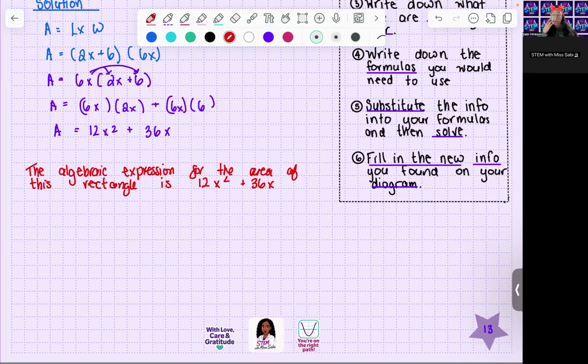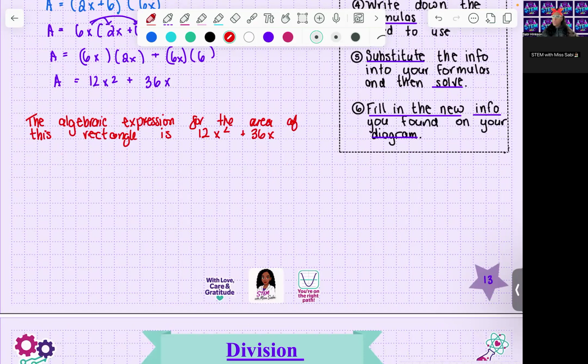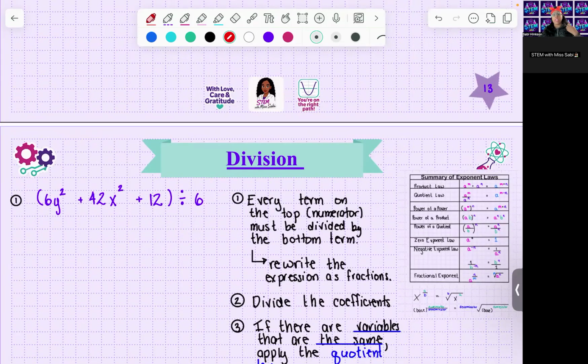In the second video, we covered multiplication involving algebra and went into polynomials. And now we are going to do division. Again, we learn these things after the exponent laws because we have to apply the exponent laws for some of these problems.